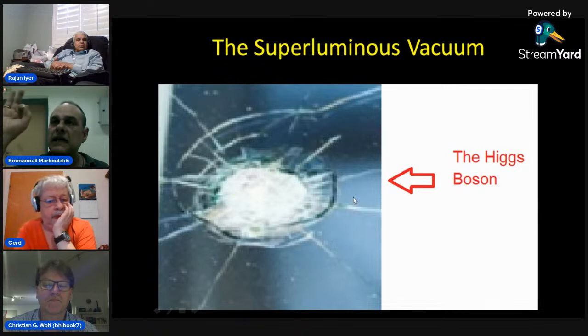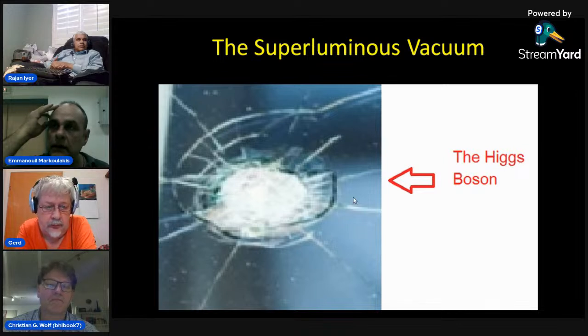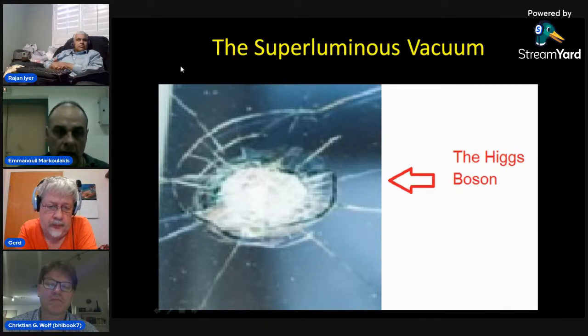So they make a static imprint of what is believed to be the fundamental elementary particle called the Higgs boson. If you break the glass at a point, we have transverse waves, and we also have radial waves coming out. So we have transverse waves and longitudinal waves.